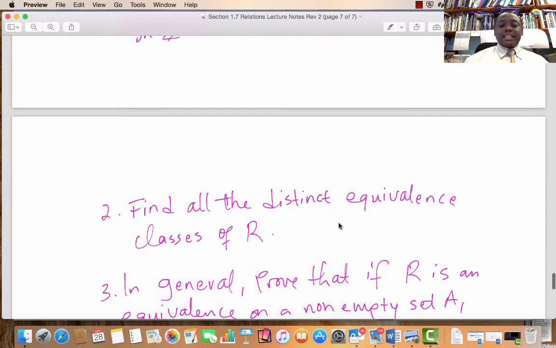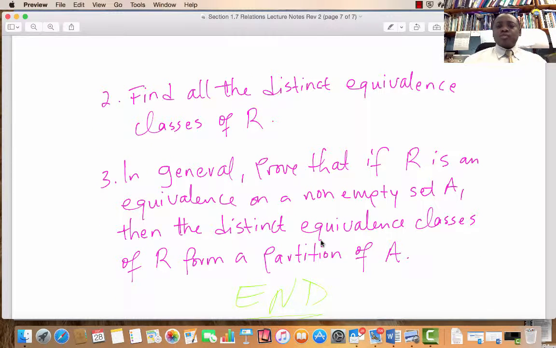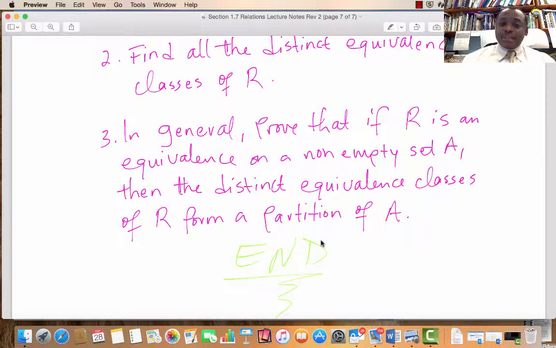Once that is completed, I want you to go ahead and find all the distinct equivalence classes of R. Again, start with the equivalence class of 0, the equivalence class of 1, and move up until you find repetition. Problem 3. In general, I want you to prove that if R is an equivalence relation on a non-empty set A, then the distinct equivalence classes of R form a partition of the non-empty set A.